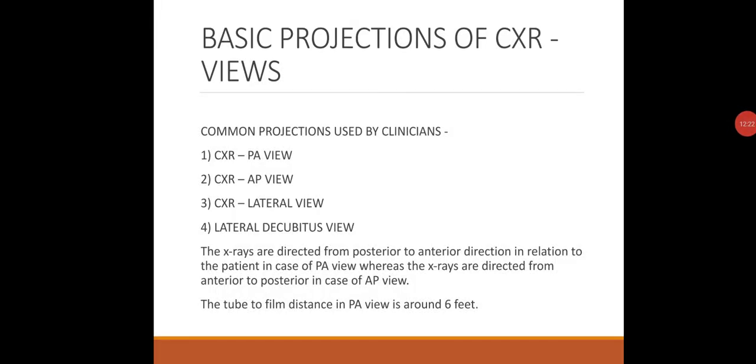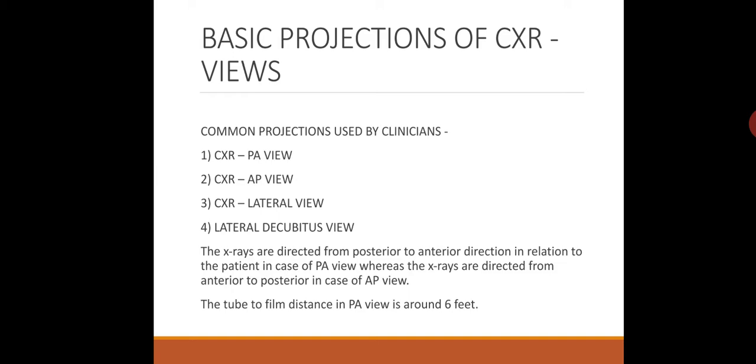Basic projections of chest X-ray views. So common projections used by us clinicians include chest X-ray PA view, that is postero-anterior, chest X-ray AP view, chest X-ray lateral view, and lateral decubitus view.